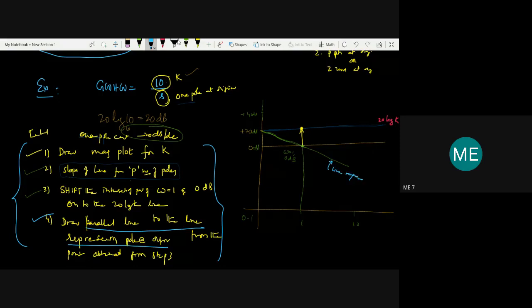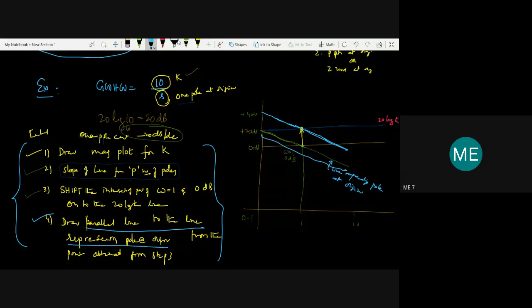So draw a parallel line to this line from the point obtained from step 3. This is the point from step 3. So through this we need to draw a parallel to this. Parallel to which line? This line.